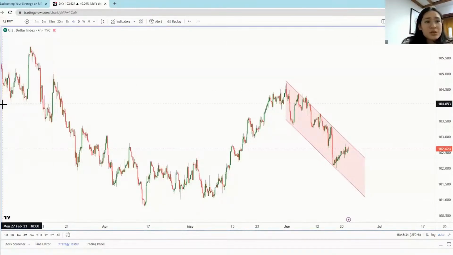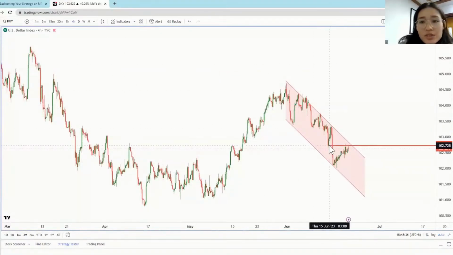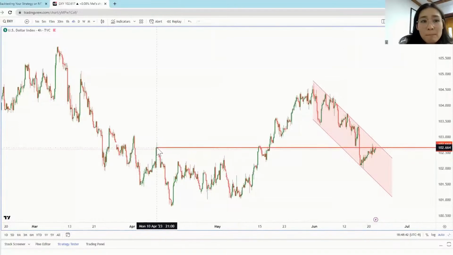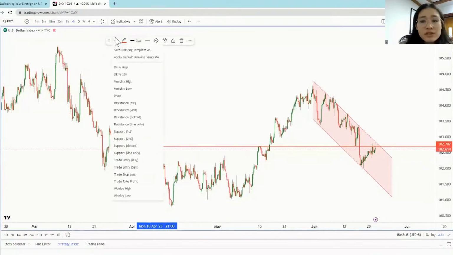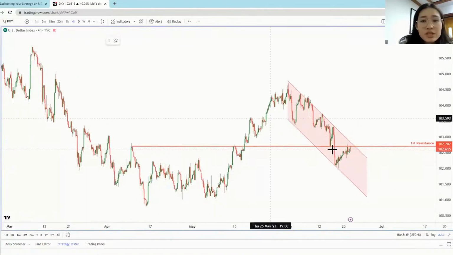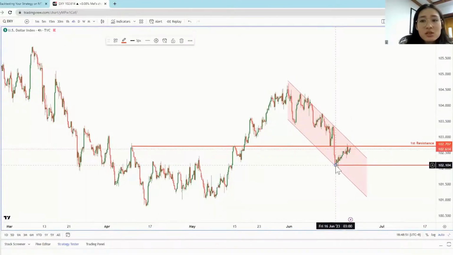So now let's go ahead with our support and resistance levels. Okay, here's my first resistance. So for our first resistance, it's typically the closest swing high to where price currently is at.